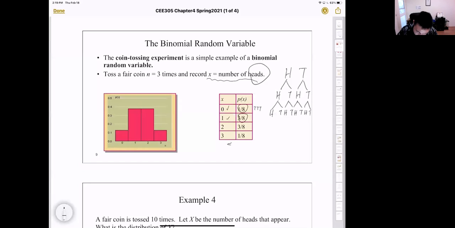And again, the sum of all these possible outcomes should equal 1. Make sure it is equal to 1. So we can define this experiment as Bin(n, p), because n is equal to 3 and p is equal to 50%.